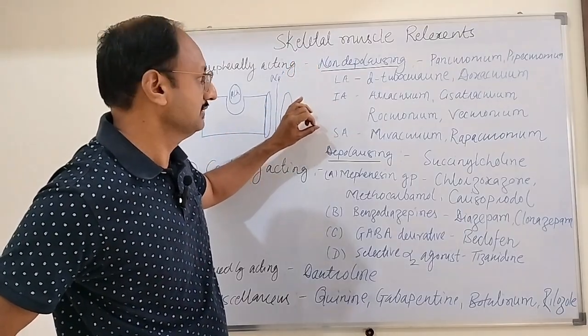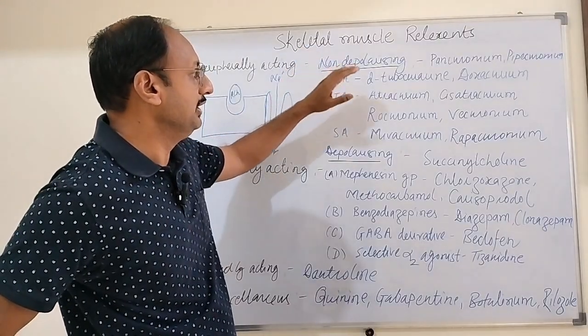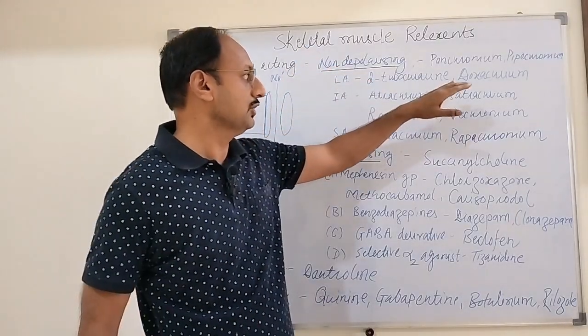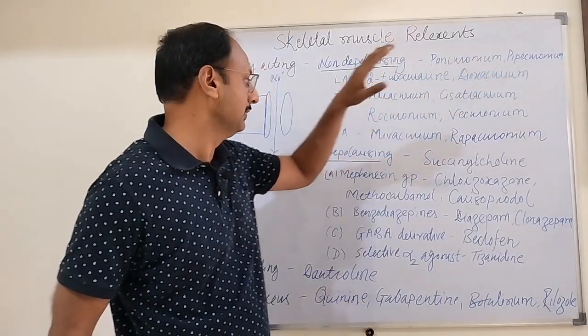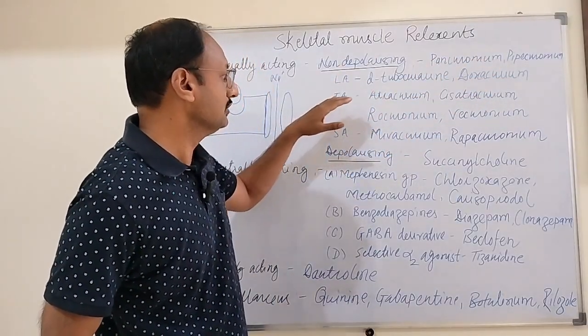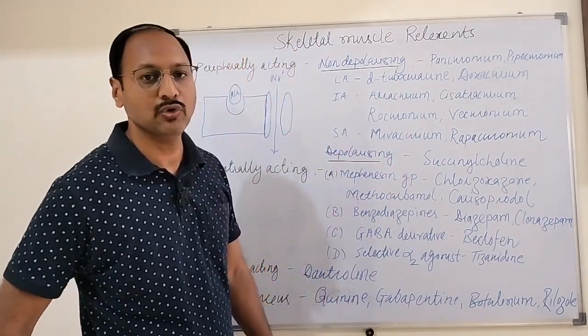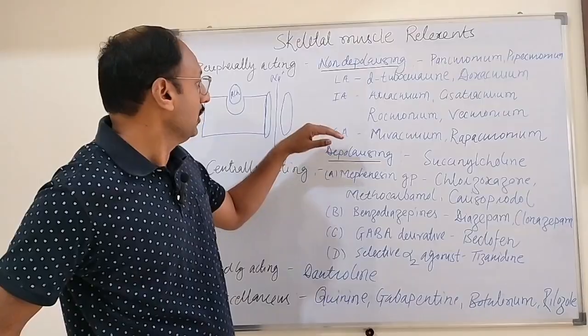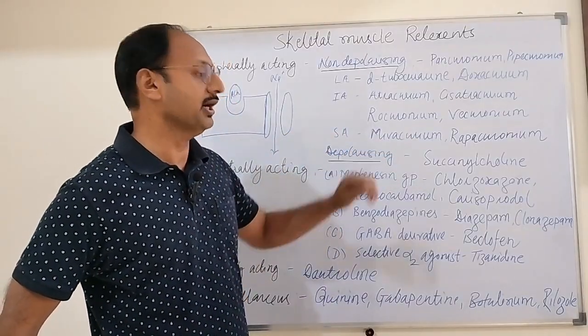Longer acting includes D-tubocurarine, doxacurium, pancuronium, and pipecuronium. Intermediate acting includes atracurium, cisatracurium, vecuronium, and rocuronium. Short acting includes mivacurium and rapacuronium.